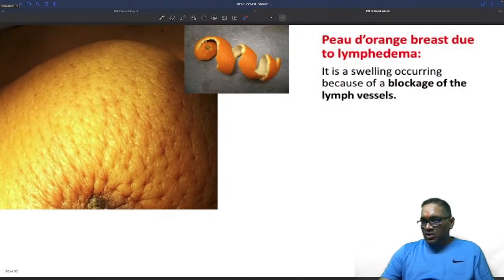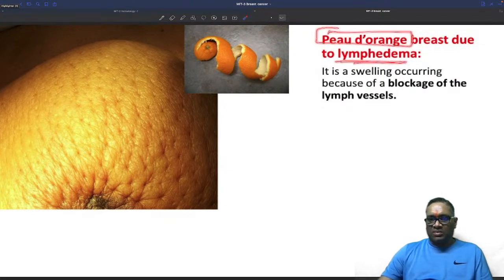And this is the peau d'orange appearance I have shown you. This is the dermal lymphatic obstruction, and the overall breast tissue is thick and dense because of lymphatic blockade by the tumor cells. You can see this is the orange peel, which is why the name is peau d'orange breast. This is because of lymphedema or lymphatic obstruction.